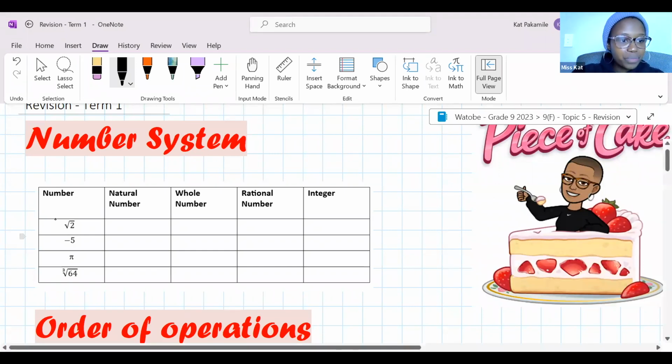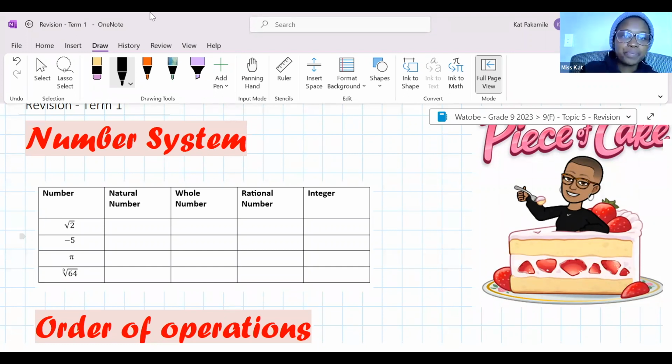Okay. So this is a square root of 2, right? Is 2 a perfect square? Are we gonna get a nice full number like 2 or 5? No, right? Exactly. So it can't be a natural number, which means it also can't be a whole number. Is it a rational number? Guys, what's the definition of rational numbers?